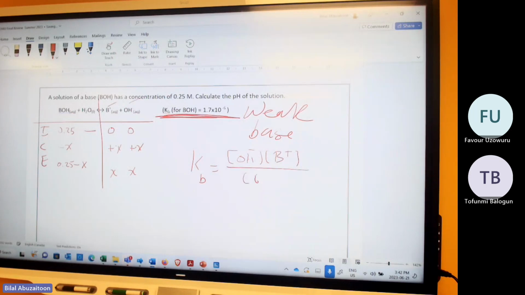Now Kb is given in the question, 1.7 times 10 to the power of minus 6 equals. Now OH minus is X and B plus is X, so we have X squared over 0.25 minus X. Again, just a little calculation here. 0.25 divided by 1.7 times 10 to the power of minus 6 equals what?